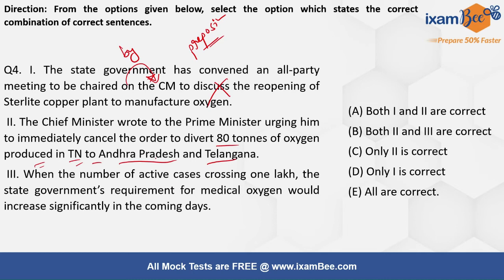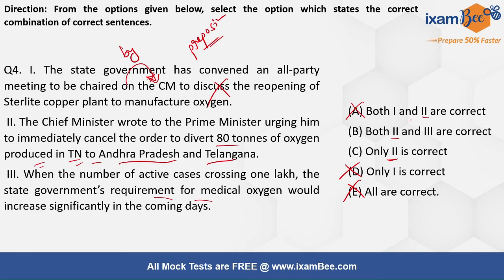So let's move ahead, and also we can simultaneously check that, where in the options we see that option 2 is there. So yes, this is correct. Here we'll have to check. Okay, so 1 is not correct, so we can discard these options, right? Now we have to check for third. When the number of active cases crossing 1 lakh, the state government's requirement for so and so.